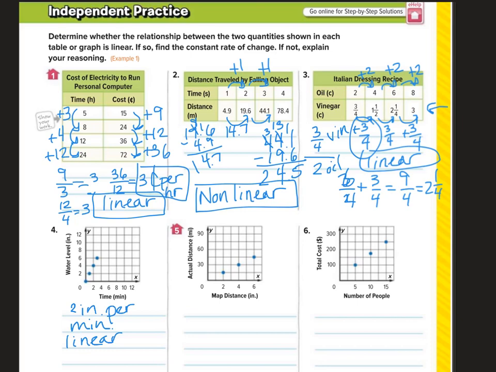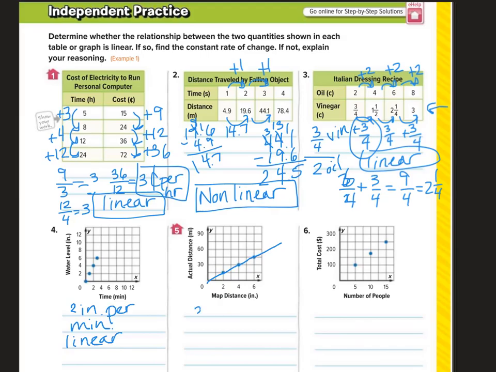Okay, looking at number 5, we have to determine if this is also linear. And I can draw a straight line through it, so it looks linear to me. And it's 2 inches for the map distance for every 15 miles on the map. So 2 inches for every 15 miles.